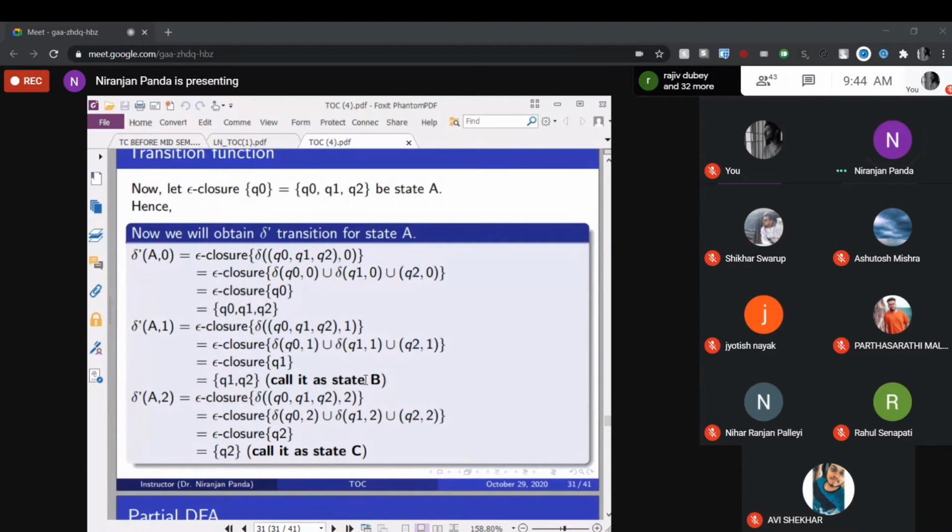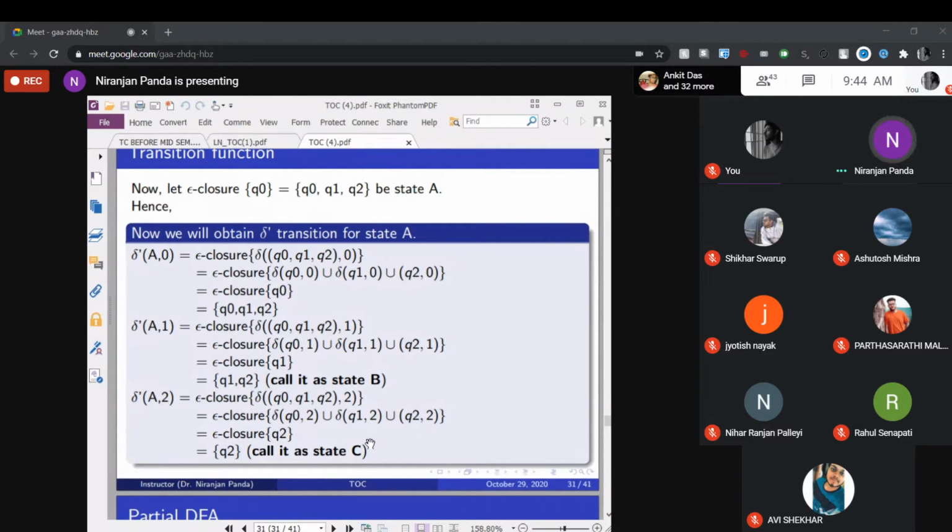This is something different, and that's why I am giving a new name to it, B. Similarly, moving to A with a 2, Q0, Q1 with a 2 are phi, only Q2 with a 2 is Q2. Hence the epsilon closure of Q2 is Q2, and I have given a new name to it as C.